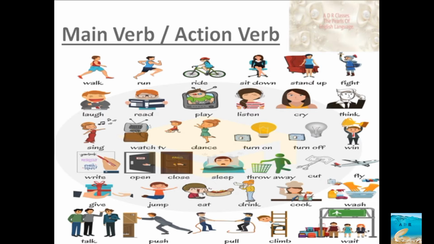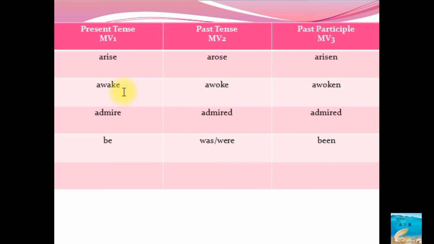Simple present tense is always represented as MV1, but for your convenience I have put it as present tense form. Let us not complicate things. The second column, simple past tense, I have put as past tense form or MV2.